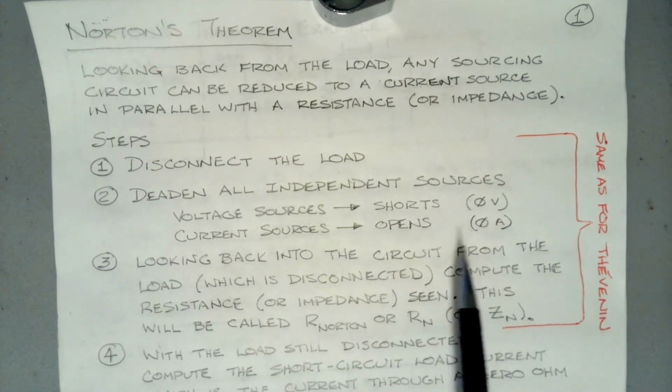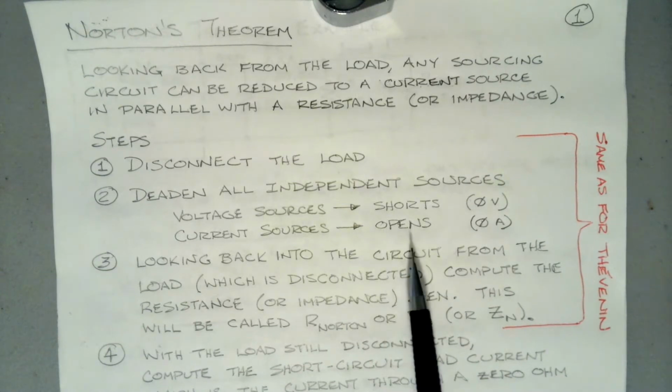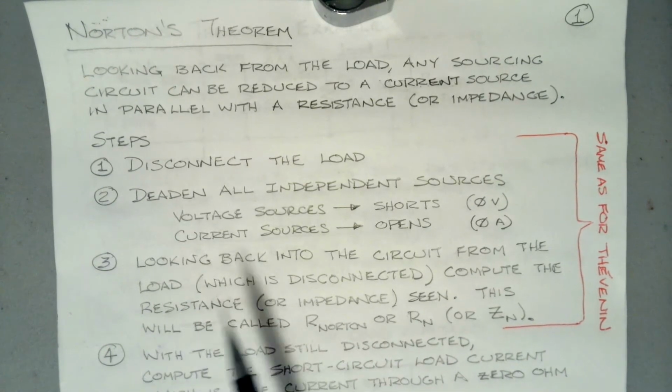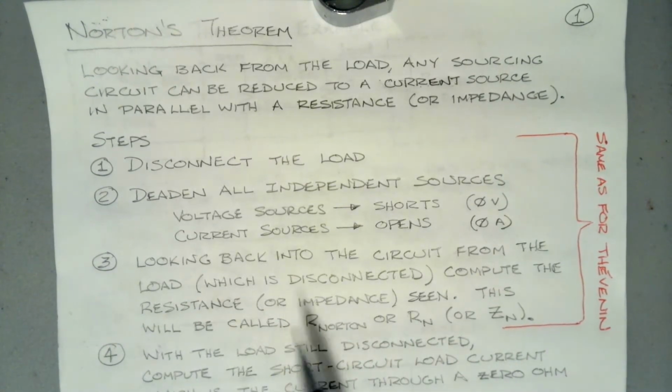Current sources become 0 amps, which is just an open circuit. Looking back into the circuit from the disconnected load, compute the resistance or impedance seen. This will be called R Norton, or R sub n, or Z sub n, and it will be exactly the same as R Thevenin.